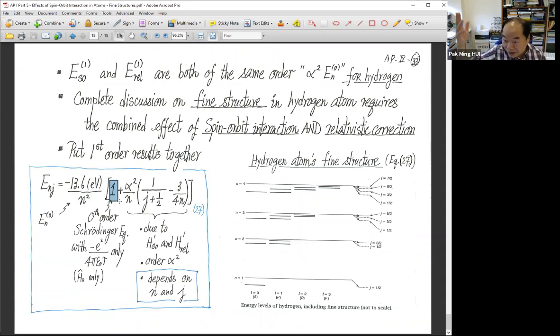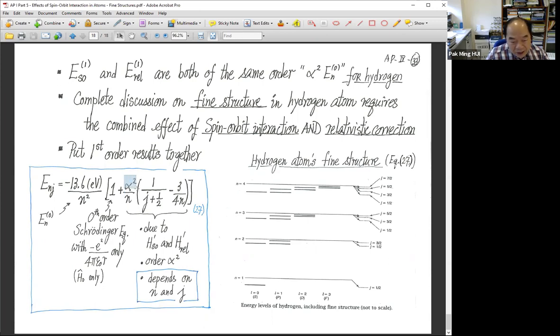Actually, there is another relativistic term that I don't want to mention here. Nonetheless, the 1 means forget everything, except the bare Coulomb potential. And therefore, the second term, plus alpha square over n, is all the perturbation terms combined.